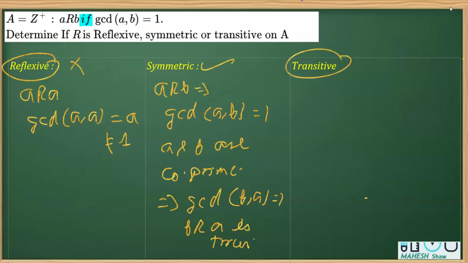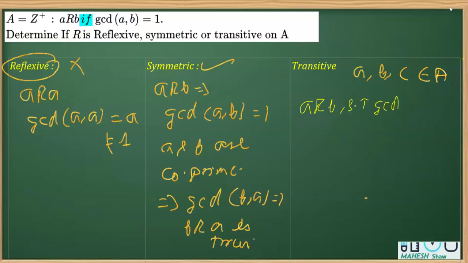Now for transitive, we will take three numbers, let's say a, b, c, and these all belong to set A, which stands for Z plus. Now considering aRb, which implies that GCD of a, b is equal to 1. That means a and b are co-prime.